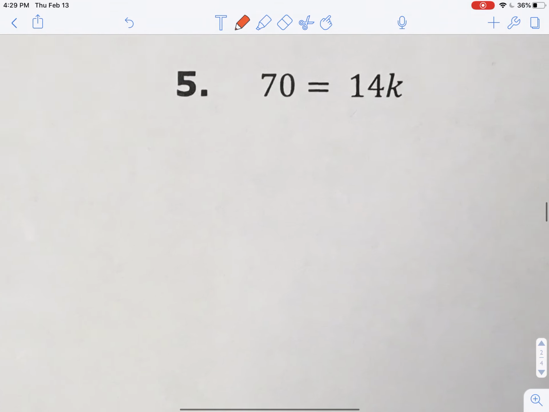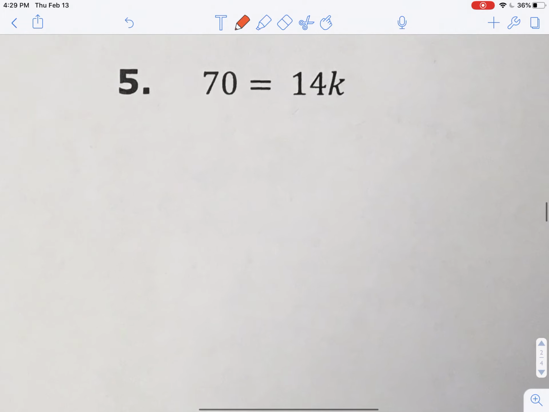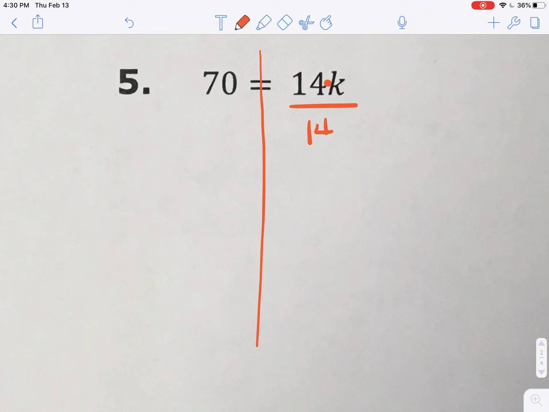Number 5. So we're trying to get K by itself. Right now, K is being multiplied by 14. So we need to divide by 14 and divide by 14. That way we can get these 14s to go away. We're going to be left with K on this side. And 14 to go into 70. I don't know how many times.